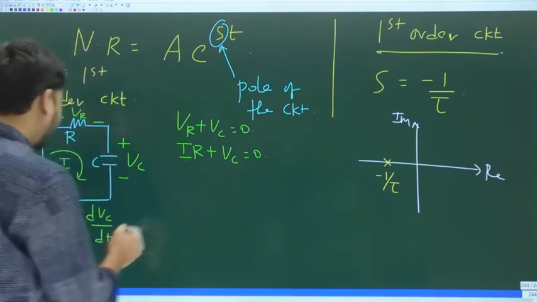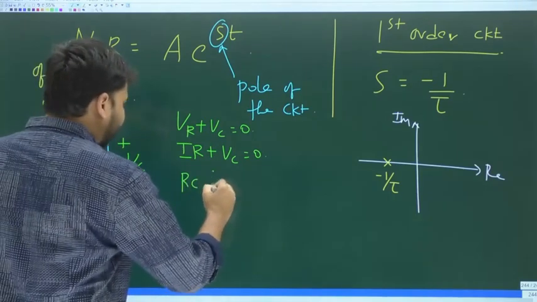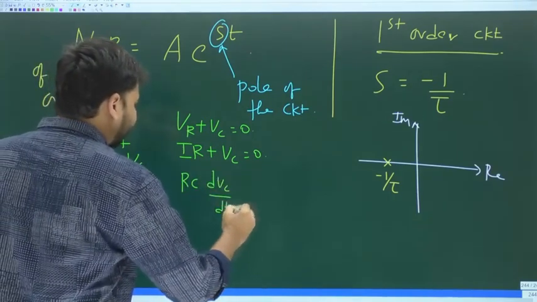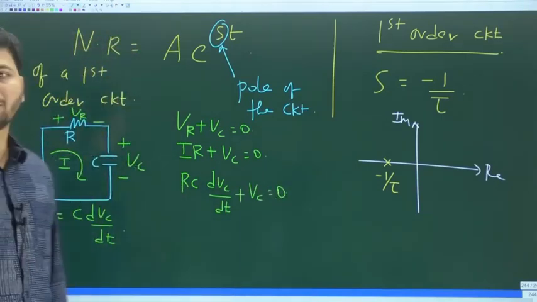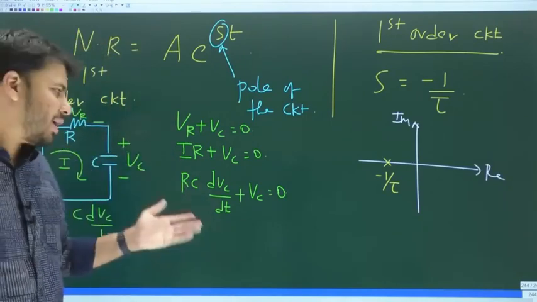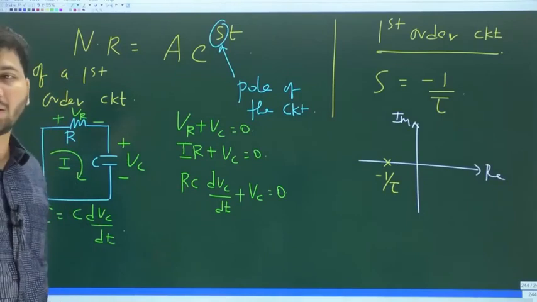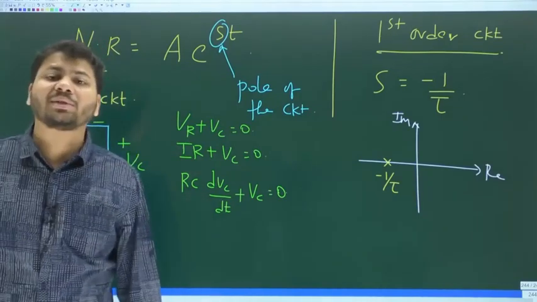So in place of I, if you write C dVc by dt, you get RC dVc by dt plus Vc equal to 0. Already we know this equation. This is the differential equation governing this source free RC circuit.